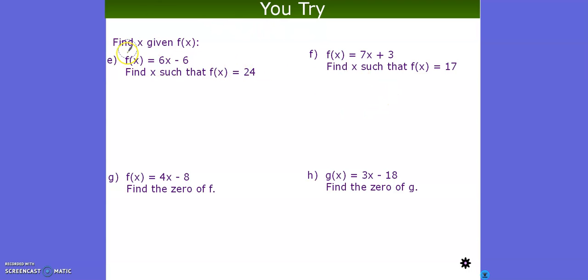So here it says find x given f of x. Find x such that f of x is 24. Remember, if you want to, make f of x y. So they're telling you that y is 24, but what's x? Go ahead and solve your equation.